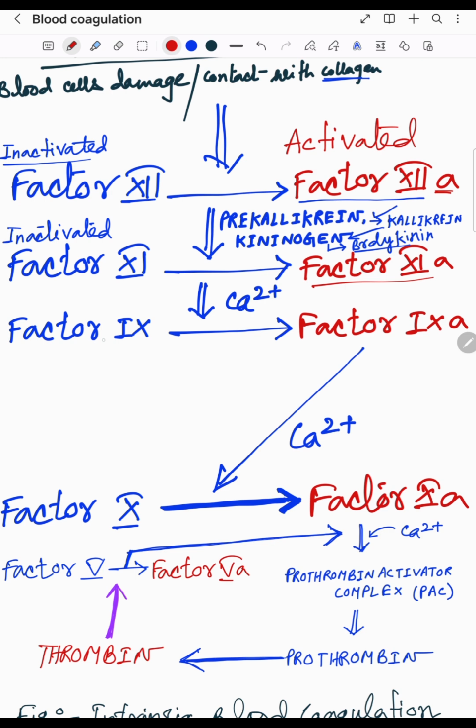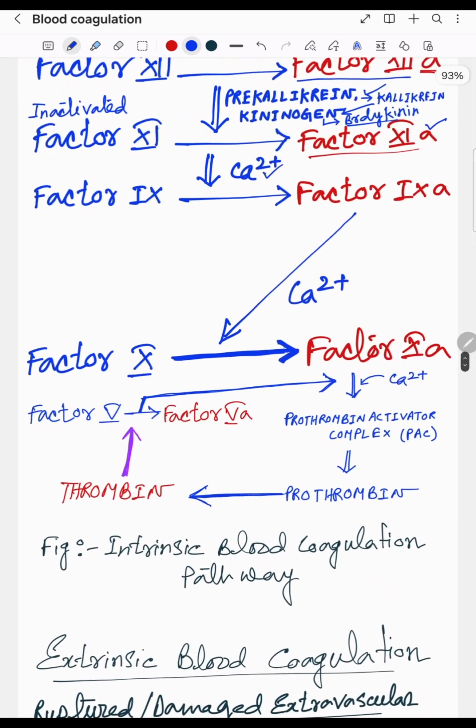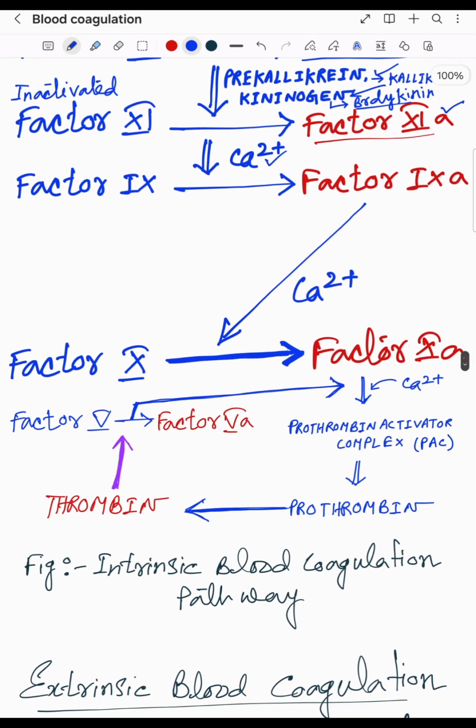Now factor 9. I have told you that after 12, 11 and then 9, not 10. So inactivated factor 9 will be activated factor 9 with the help of activated factor 11 and calcium. In the next step, there will be the activation of factor 10, and this is very interesting.